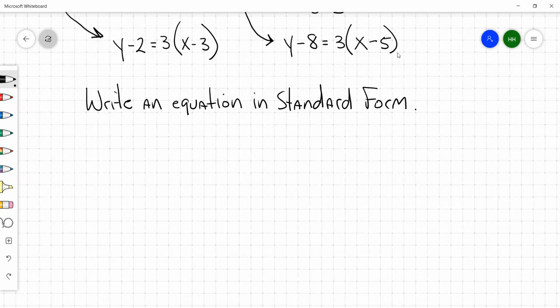And here's the question. Remember standard form, we just wrote that down. That's Ax plus By is equal to C.